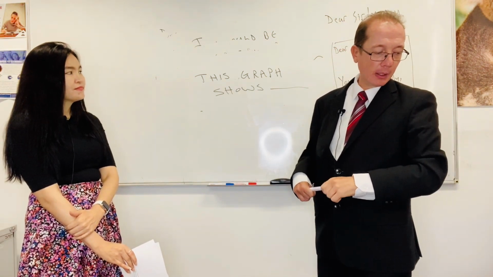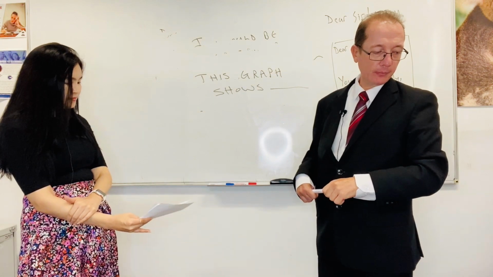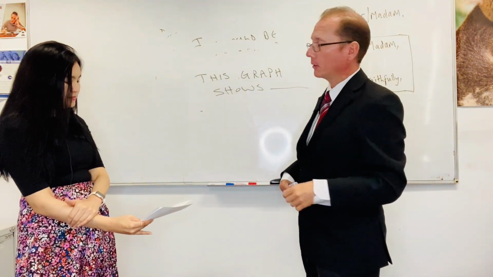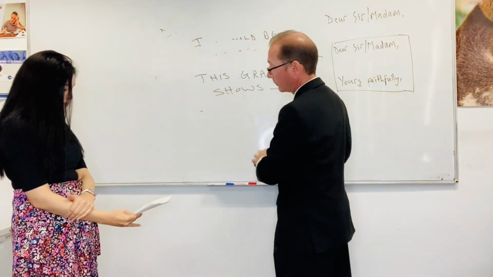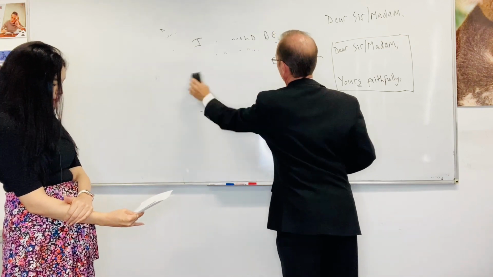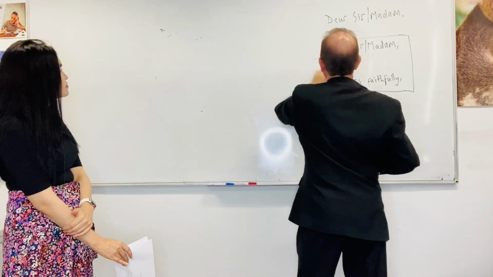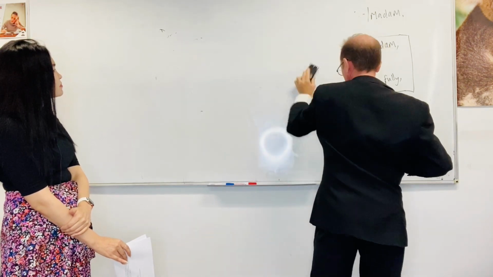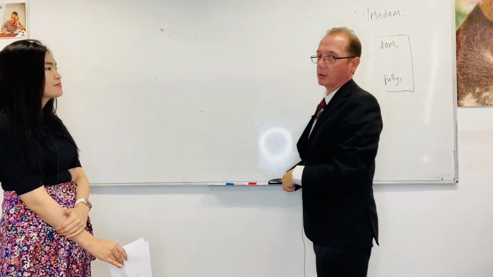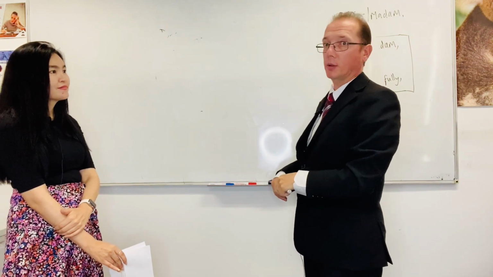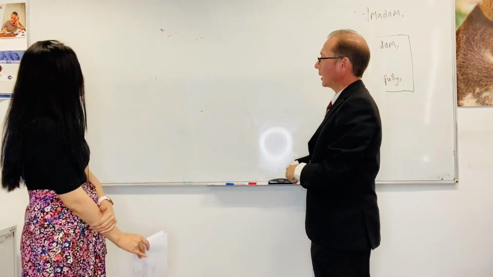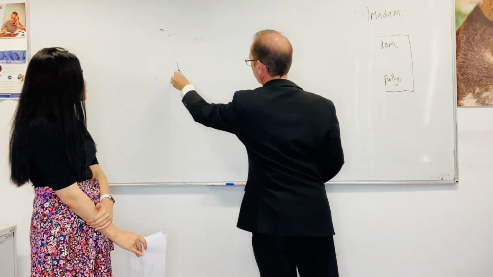Okay, now, what are some keywords for short academic writing? Well, again, there are lots and lots of keywords. We don't have time to look at everything here, but we will look at a few.